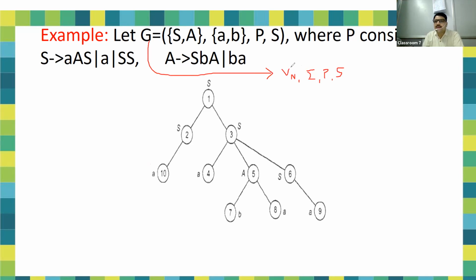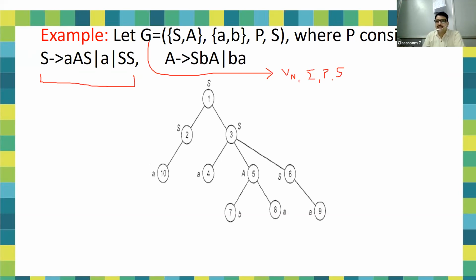Just compare the given grammar with these tuples. You can easily find that the set of variables is S and A, the terminals are a and b, the production rule set is P, and S is the start symbol. So with the help of this comparison, you can find the set of variables. If it is not given to you, then with the help of the production rules, you can also find the same thing. Clear? Now the problem is, with these given productions, we have to design a parse tree.